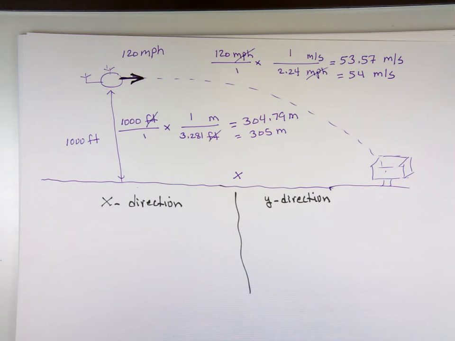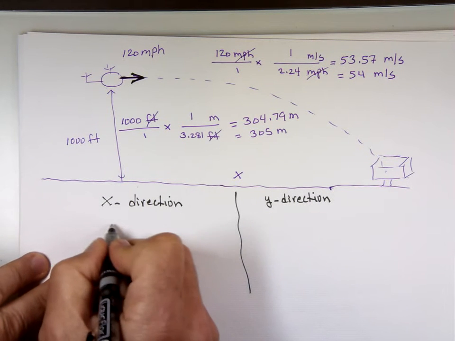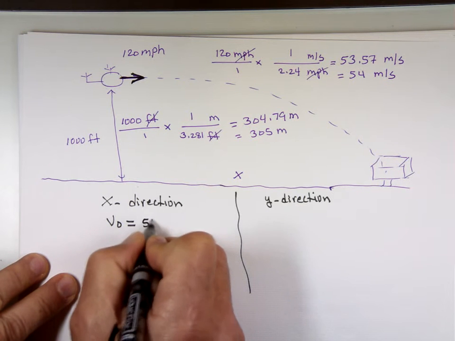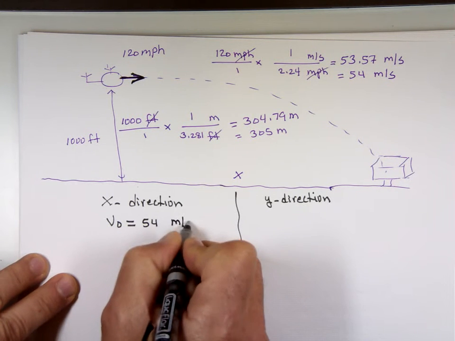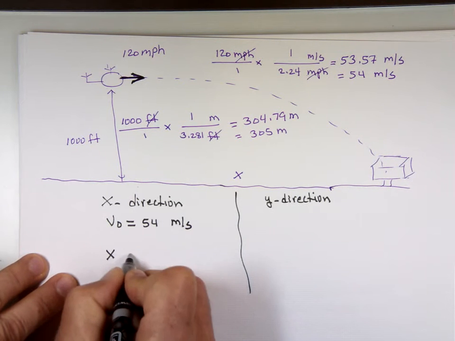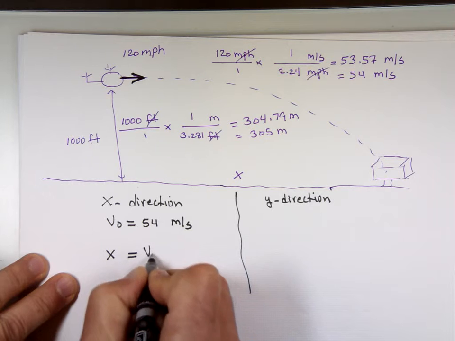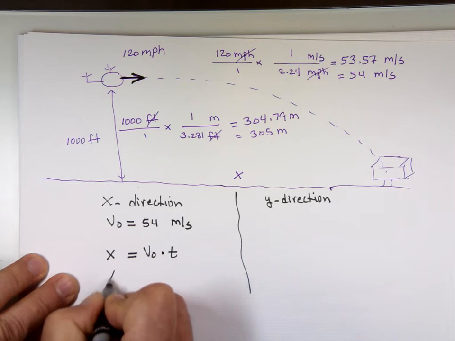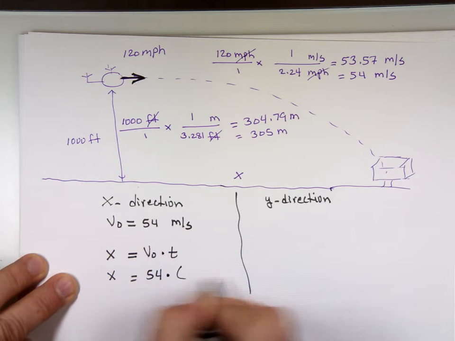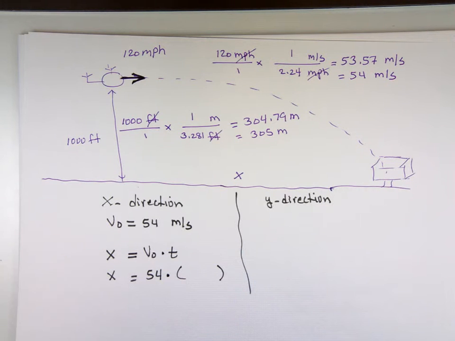In the x direction, we know the initial velocity in the x direction, which is what? 54. And there's only one equation in the x direction. X equals the initial velocity times time, which is 54 times t. And I don't know what t is. I need to get that.